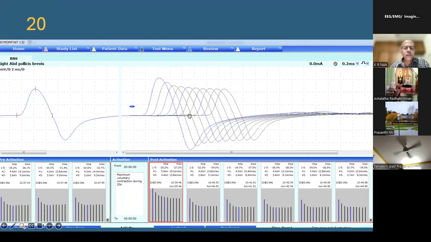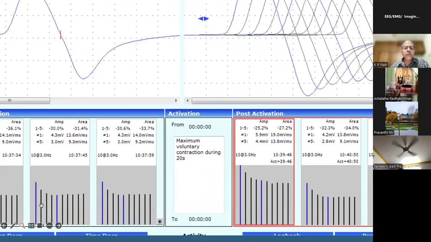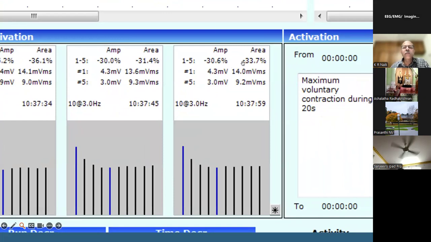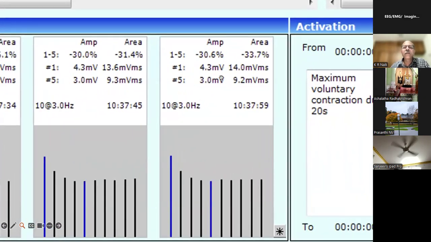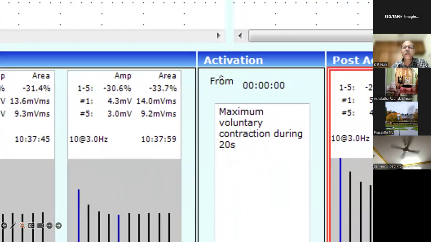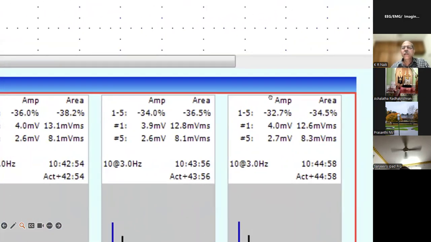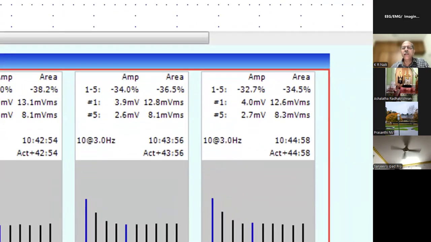So 3 Hertz. Now this is the post exercise 3 Hertz stimuli for 10 stimuli, but we have the preceding one which shows the graph. We have the abnormality or findings which are mentioned here. Then after exercise, then subsequently at 5 minutes.